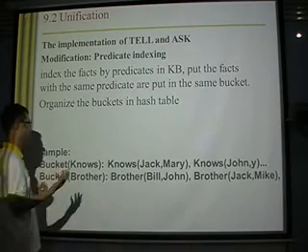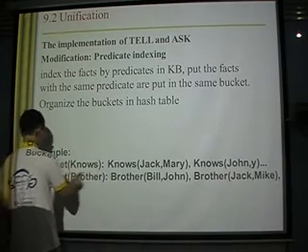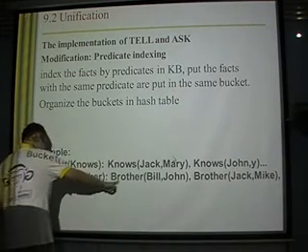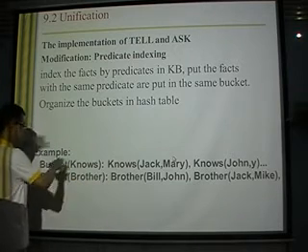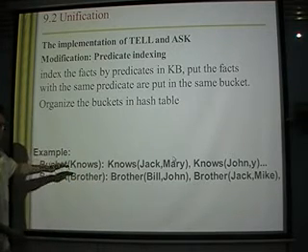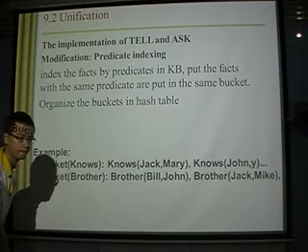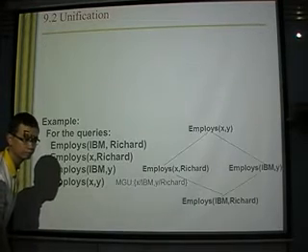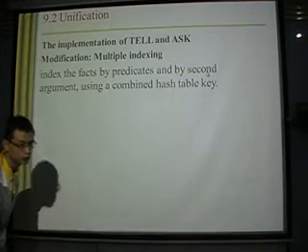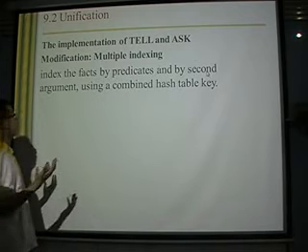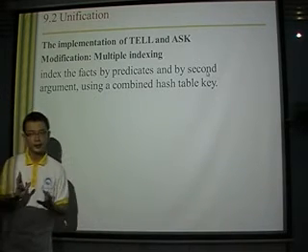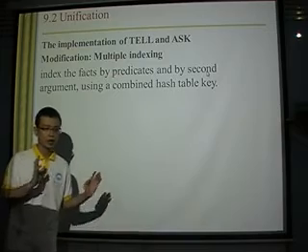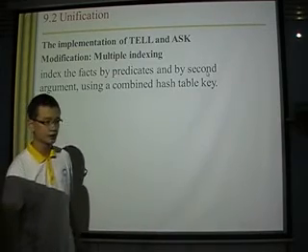For example, we organize all the Knows facts into one bucket and all the Brother facts into a Brother bucket. And these buckets are organized in a hash table. We can also perform multiple indexing. We can index the facts by not only the predicates but also each argument in the sentence.